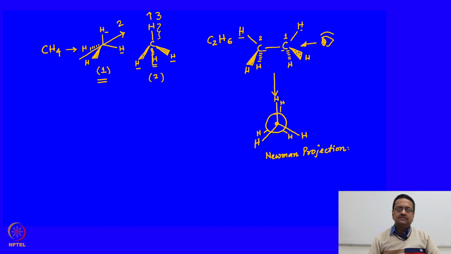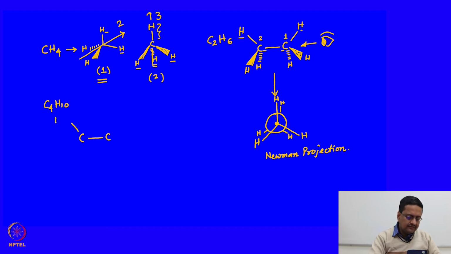Now, suppose I have a molecule which is butane, C4H10, which we can write as the CC bond, that is the middle carbon atoms.